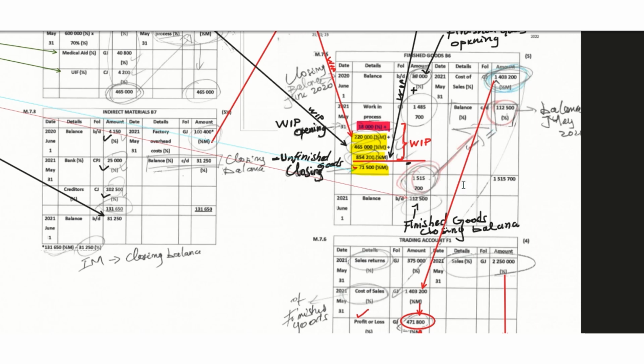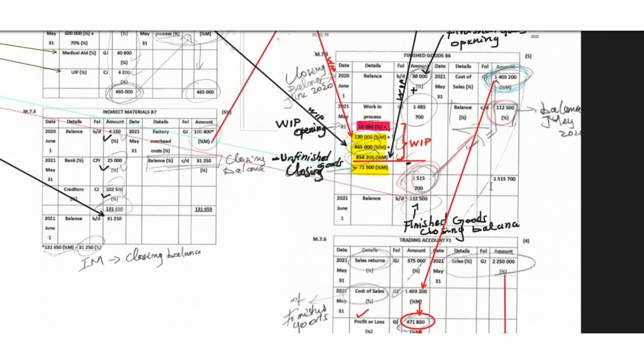It's a balance at the end. But what is the actual cost of sale? Meaning, what are the actual product that were finished and were sold? Cost of sales. What is the amount for the actual product that were finished? They were completed, their manufacturing production was completed, but they were not sold.